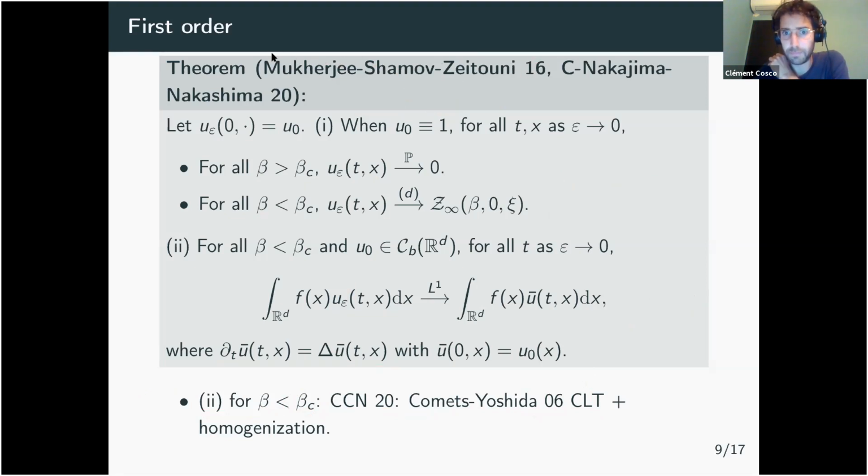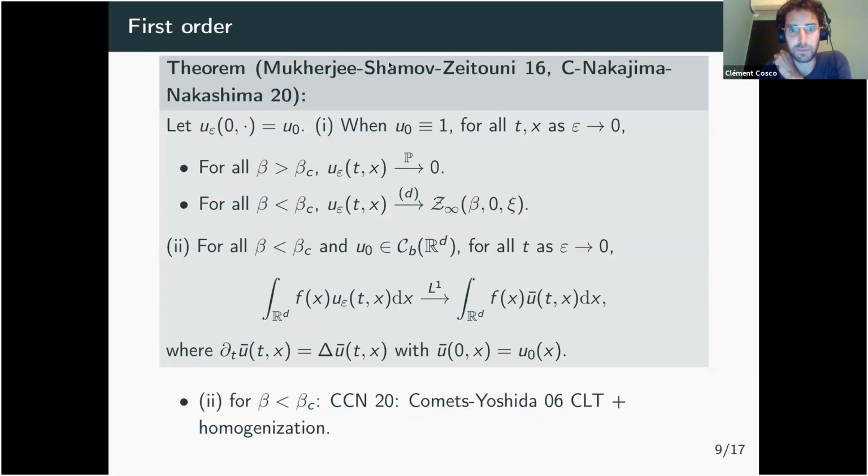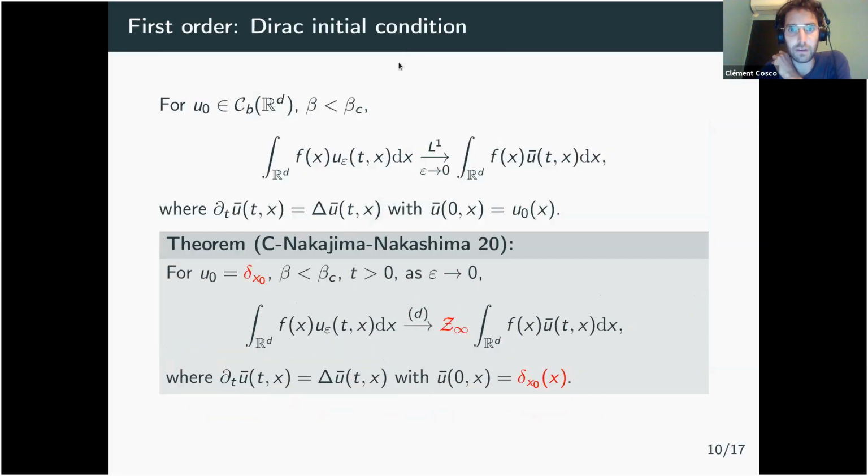So we also wanted to understand what happens when you start, since this was for a continuous profile, with a Dirac initial condition, as here. And we proved that in the whole weak disorder region, you actually have a purely random term that comes and factorizes the solution.